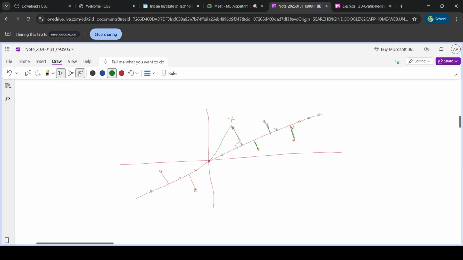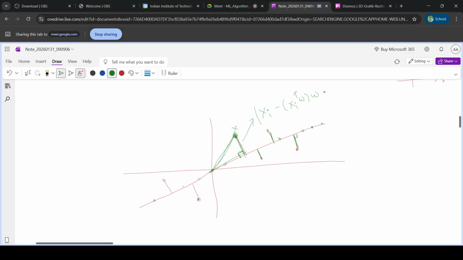As per the Pythagorean theorem, if you see this graph, this point is xi. What is this error? It is xi minus xi transpose w into w. We know that; we just went through that.